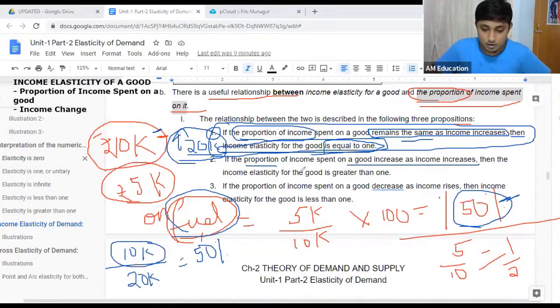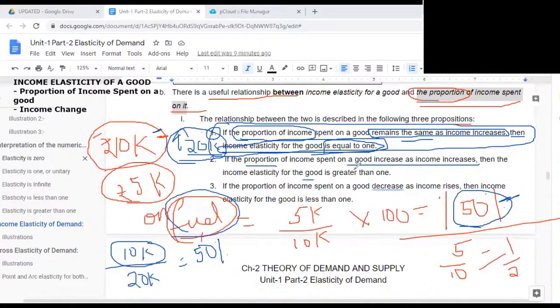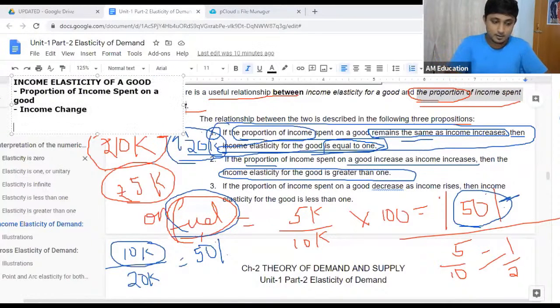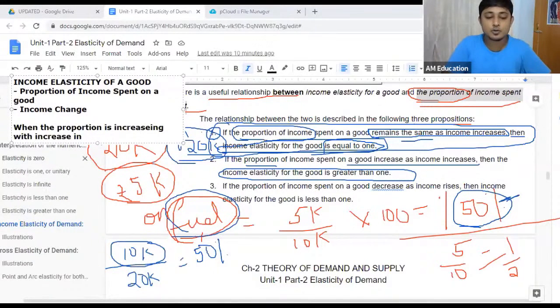When will the income elasticity of a good be greater than 1? You just have to again take the two things. When the proportion is increasing with the increase in income, what is the elasticity?